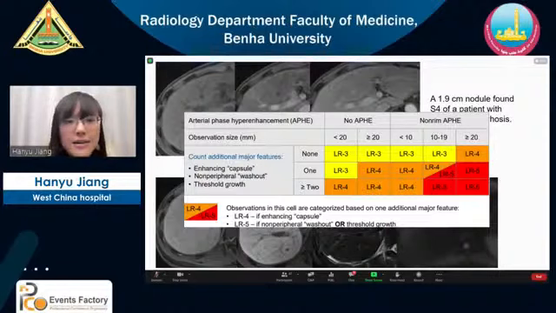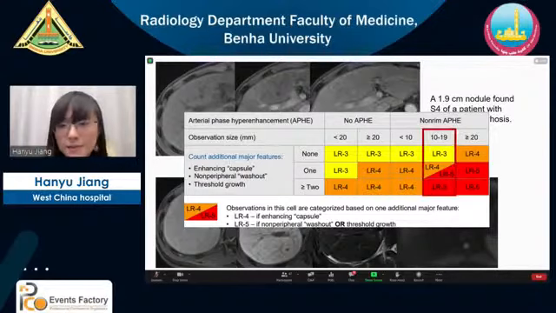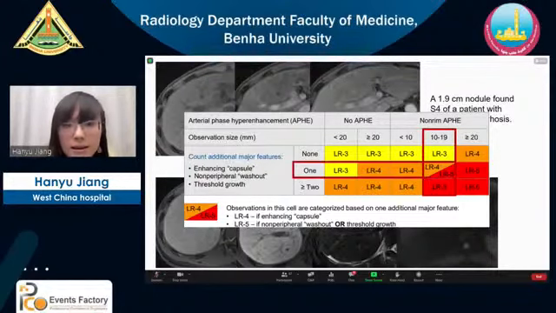So let's look at the diagnostic table. First, we can navigate through non-rim APHE and observation size. So the patient would be located here for these 3 different cells. And then we can appreciate that the observation has non-peripheral washout.